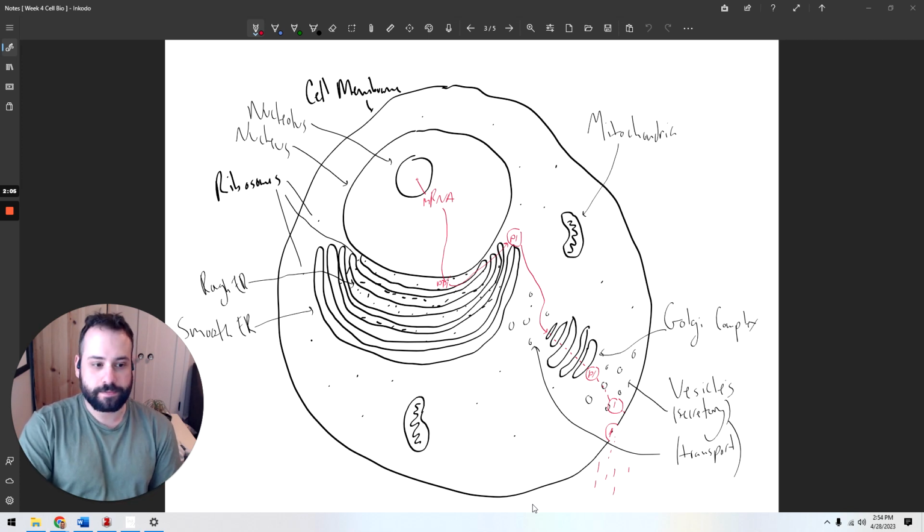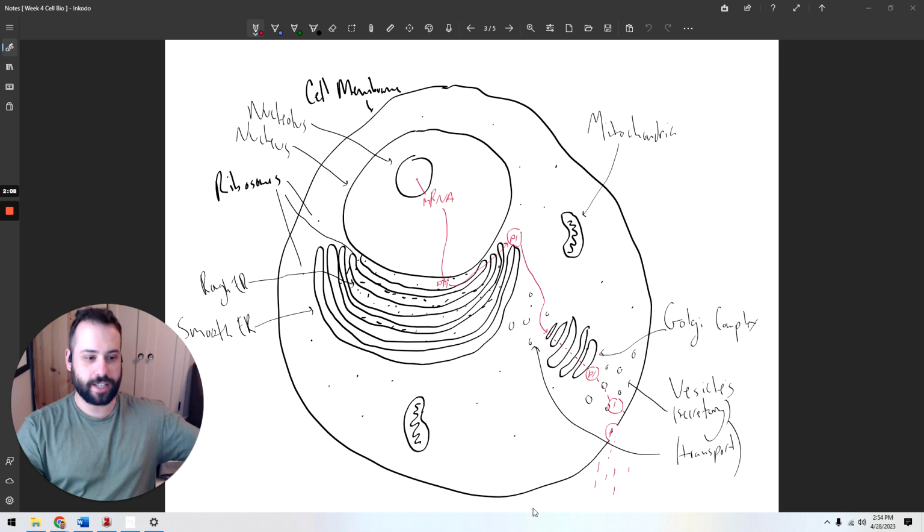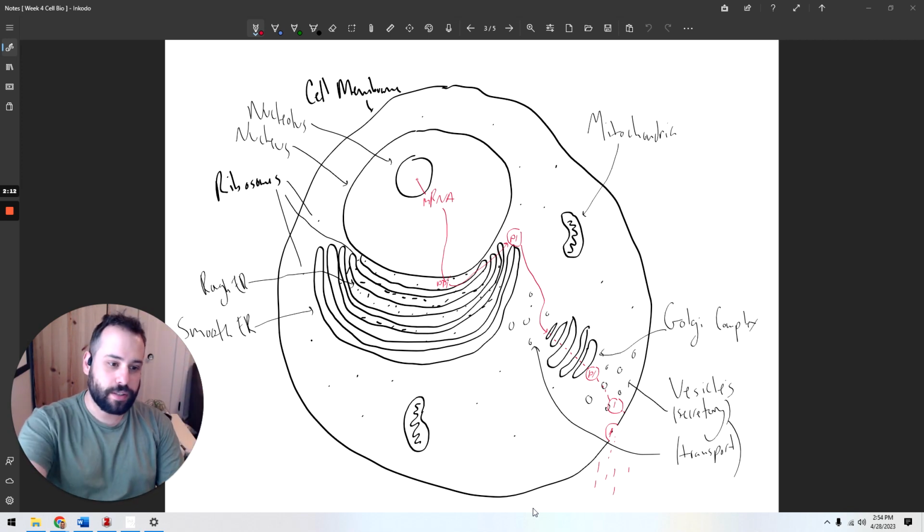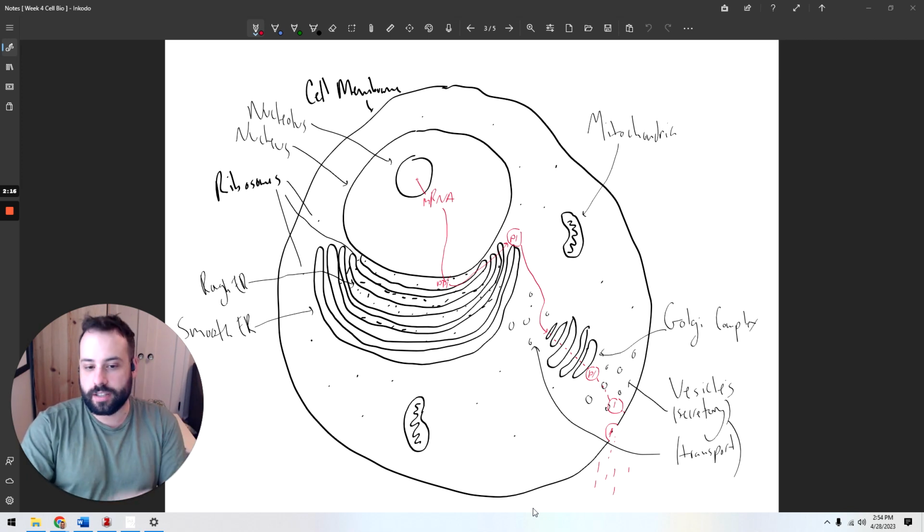And it connects to the insulin receptors on cell walls of other cells, and then encourages the uptake of glucose for energy. So yeah, that is insulin. Starts in the nucleus, goes through the rough ER, transport vesicle, Golgi apparatus, secretory vesicles, and then gets sent to a cell.